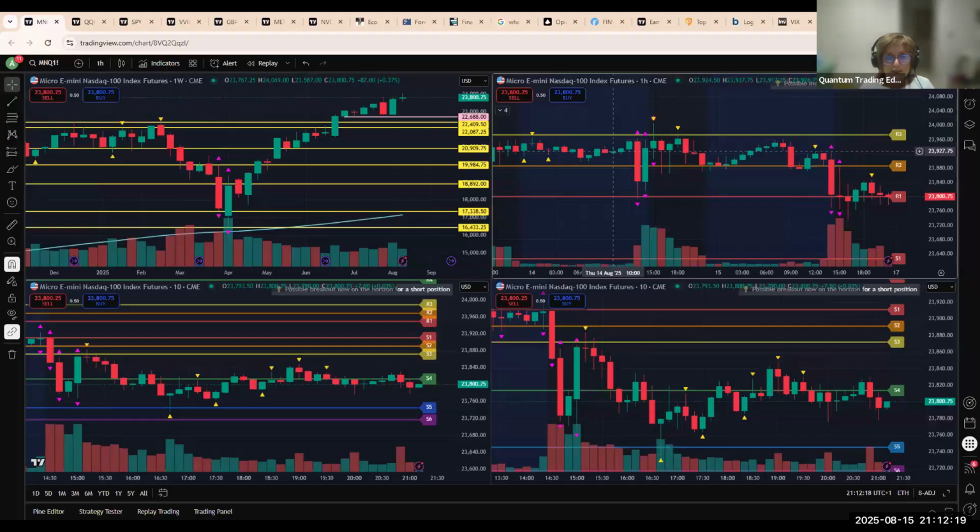So I'm going to go ahead and share my screen. What I'm going to be looking at is the MNQ, which is the E-mini for the NASDAQ, the NASDAQ 100, predominantly dominated by tech stocks.